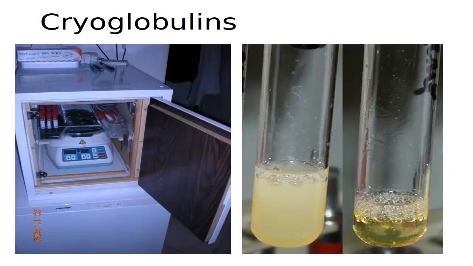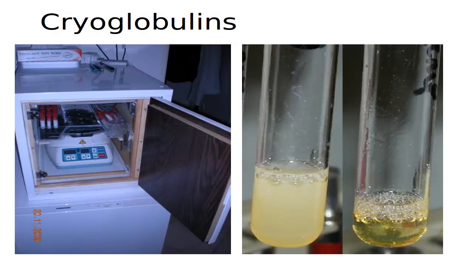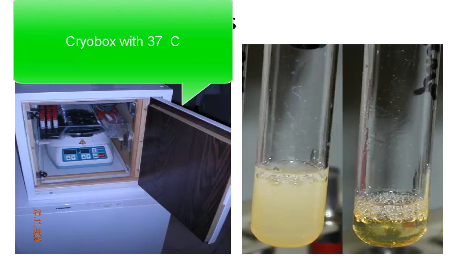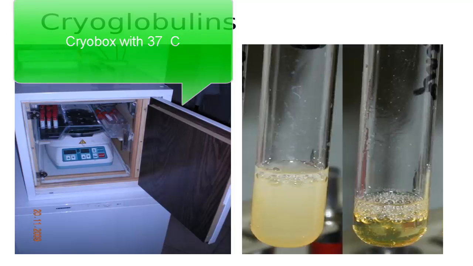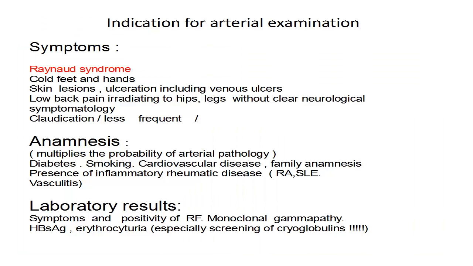The same temperature must be present during centrifugation. You could buy a very expensive centrifuge with stable temperature ability, or put a cheap standard centrifuge in a box with controlled temperature. This box could be constructed on a DIY basis. Our product is presented in the picture. You see the cryoglobulin box, centrifuge, and preheated syringes and tubes inside the box.